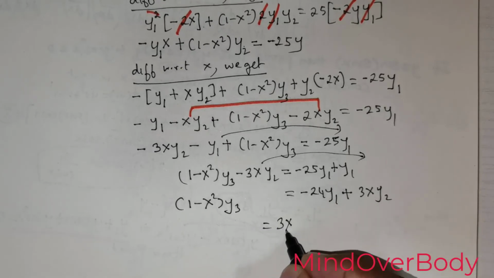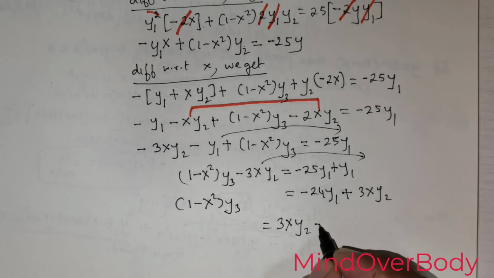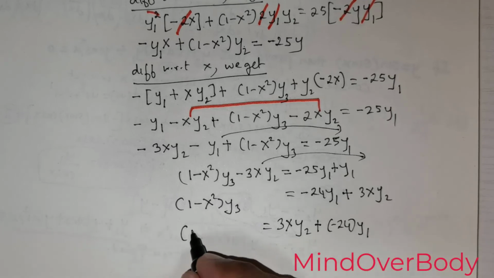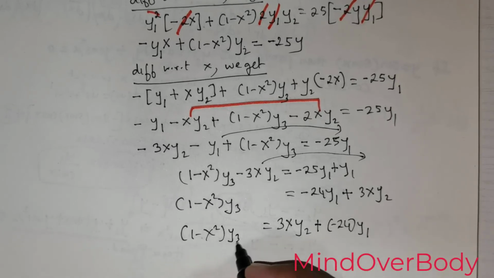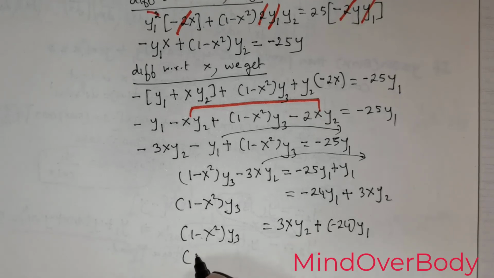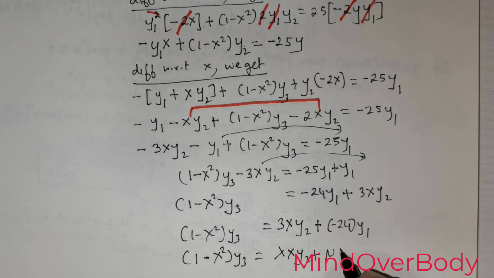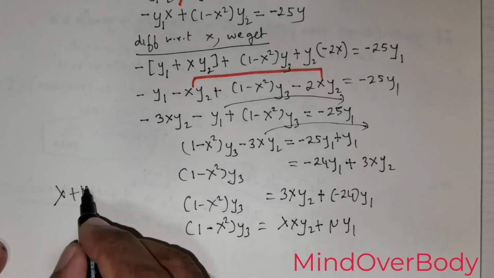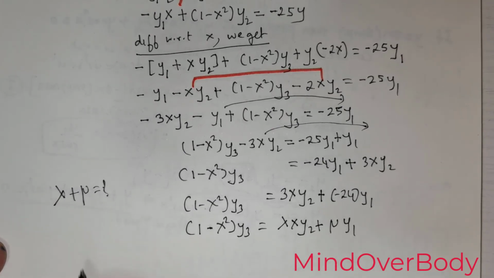So I'm going to rewrite it like this: 3 times x into y2, followed by positive of negative 24 times y1, and this is 1 minus x squared times y3. Let me rewrite the problem. The problem is given as 1 minus x squared times y3 is equal to lambda times x into y2 plus mu times y1, and they want us to find the value of lambda plus mu, what exactly this would be.